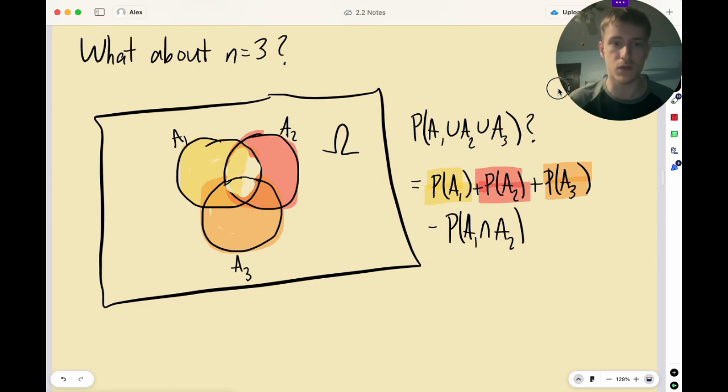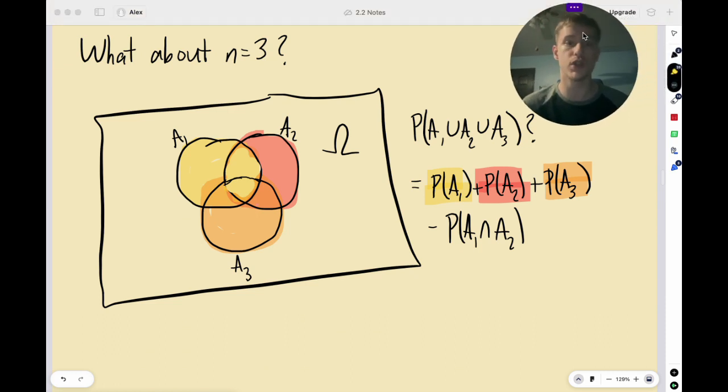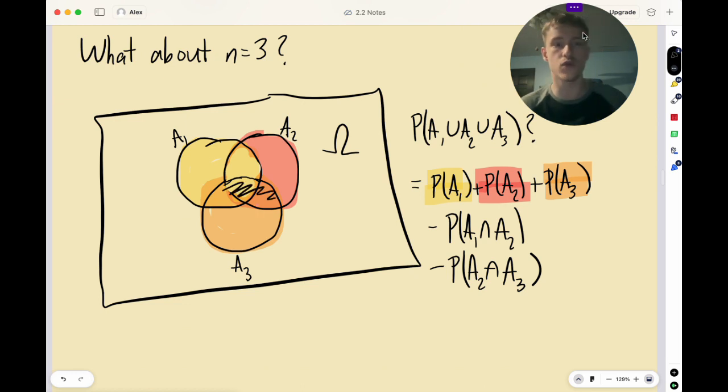We still have this one. So that's what we get when we just remove it once. Well, we still have to remove the intersection between, say, A2 and A3. A2 and A3 intersect right here, and we need to remove that as well.